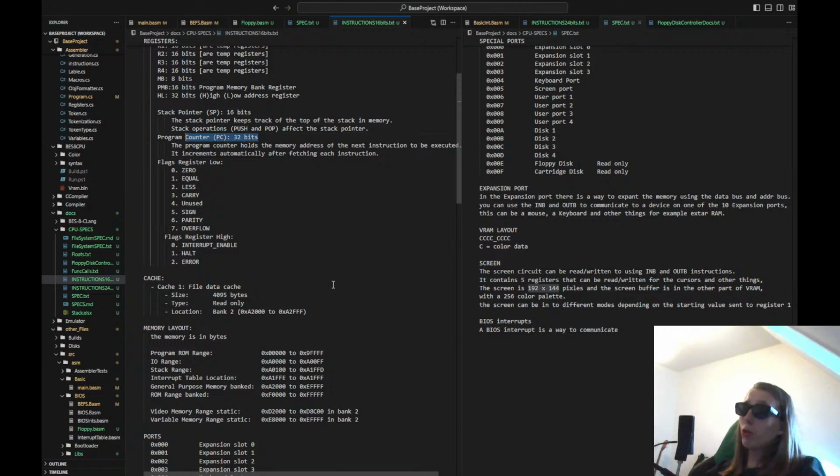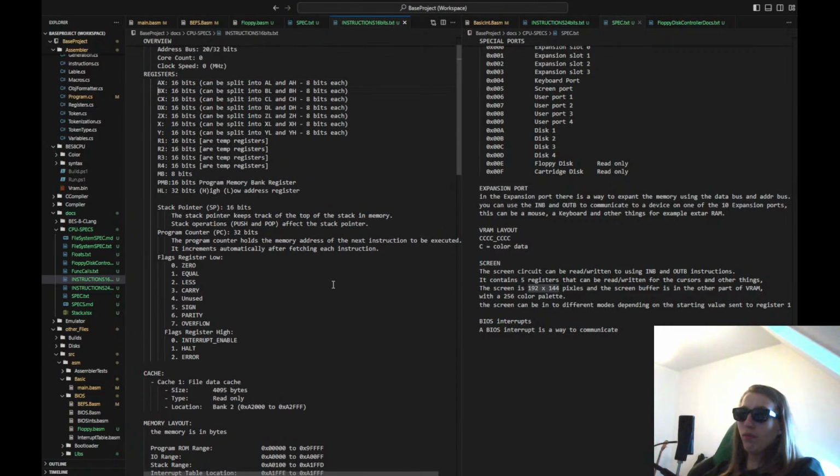We need a program counter on 32 bits, because I want to be able to let the user expand the memory capabilities, and I want to be able to combine these registers in a way.